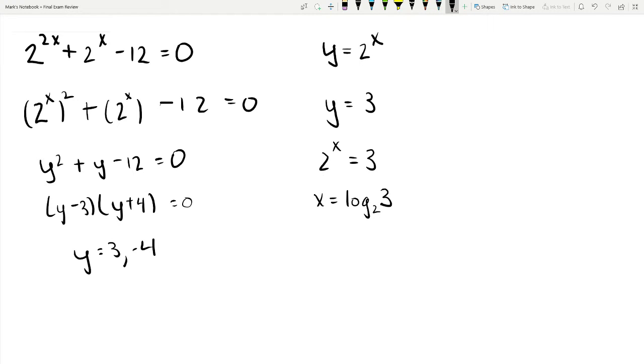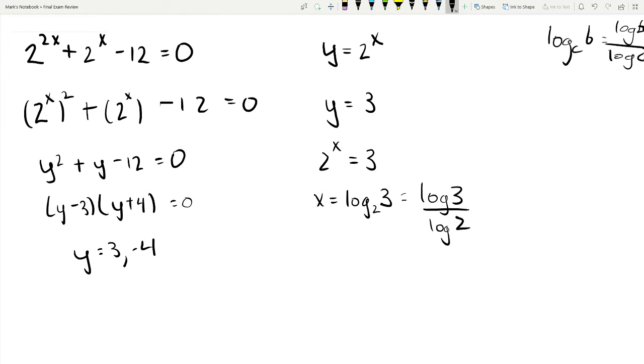Now, if you needed that as an exact answer, remember that we can use the change of base formula. If you don't recall the change of base formula, let me write it over here for you. And that's just saying that you're going to take the log of 3 over the log of 2.